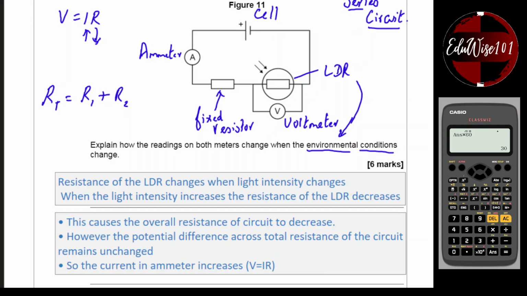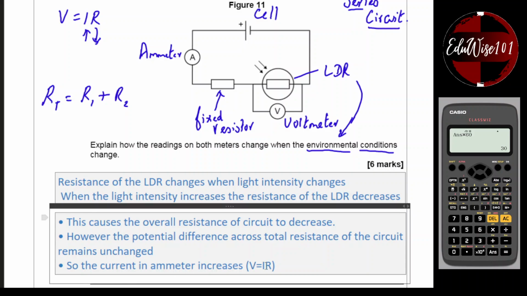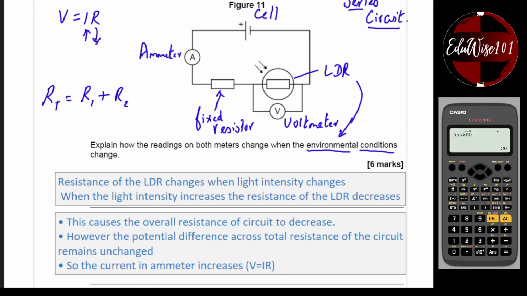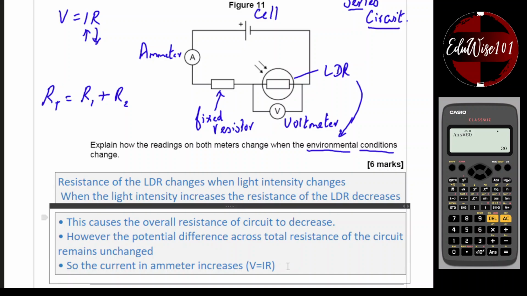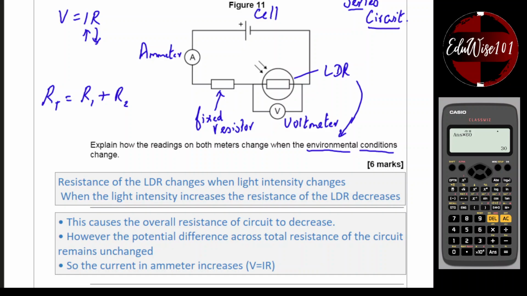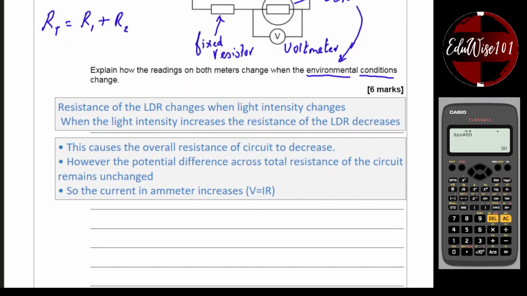This causes the overall resistance of the circuit to decrease. However, the potential difference across the total resistance of the circuit remains unchanged, meaning the power supply, let's say a 9 volts cell, the 9 volts is not going to change. So the current in the ammeter increases, right? So you're referring to this equation, V equals IR.